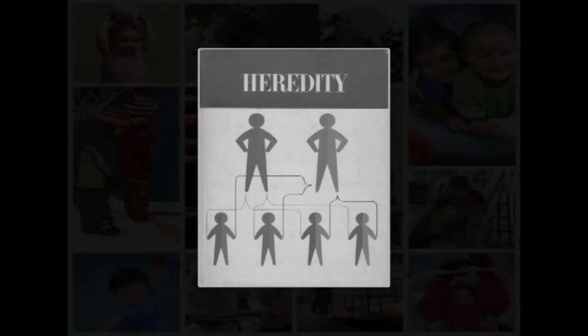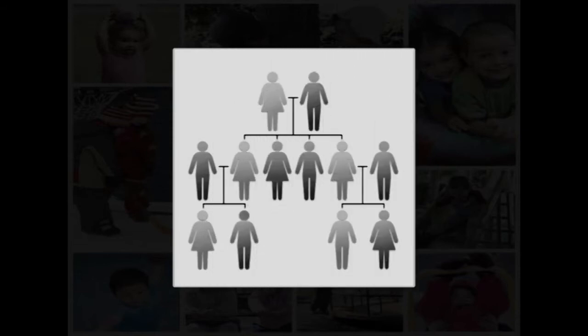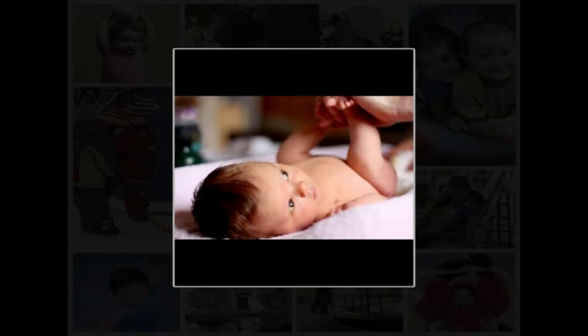After having understood what heredity is, how it transmits genes from one generation to another and how it affects a child, let us see what its role is in the development of the child. As we have already understood, heredity is defined as the sum total of potentials inherited at the time of birth.